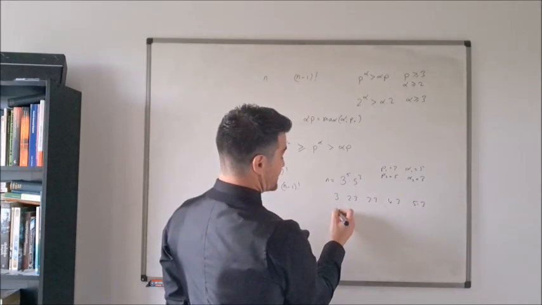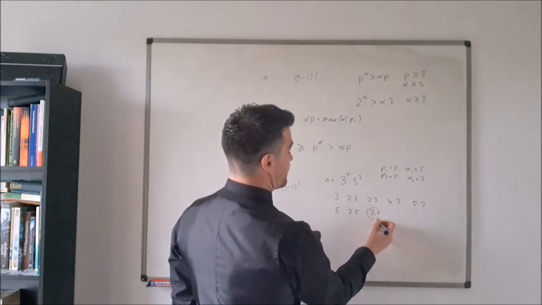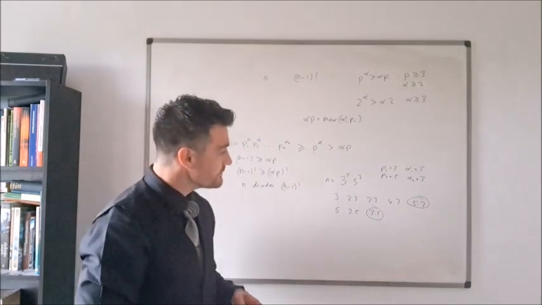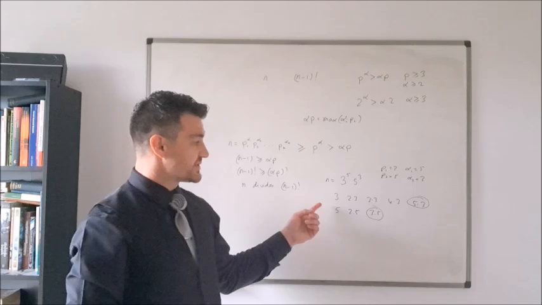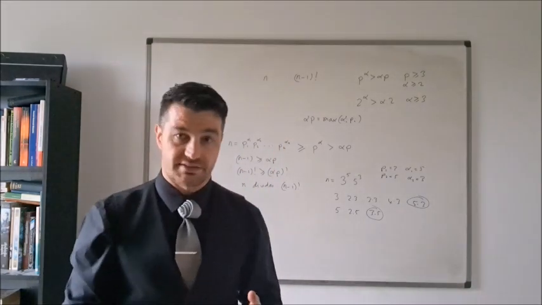Then we get on the next row 5, 2 times 5, 3 times 5. Well, 3 times 5 is equal to 5 times 3. They're both equal to 15. In other words, in that big array, not all of the numbers are going to be distinct.